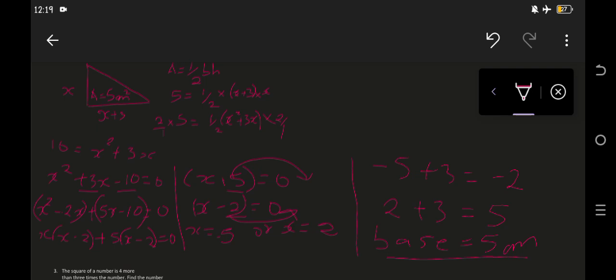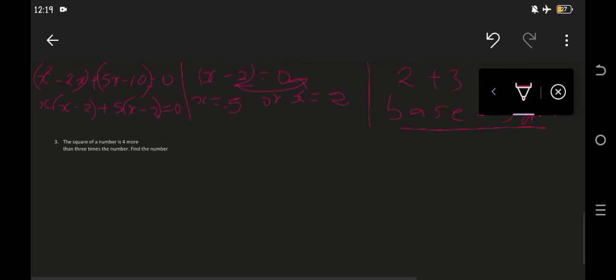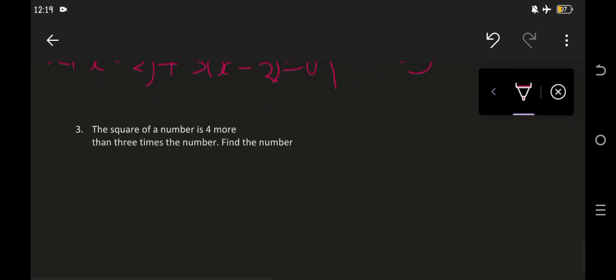Now let us go to the last example. The square of a number is 4 more than 3 times the number. Find the number. So our unknown here is going to be x.